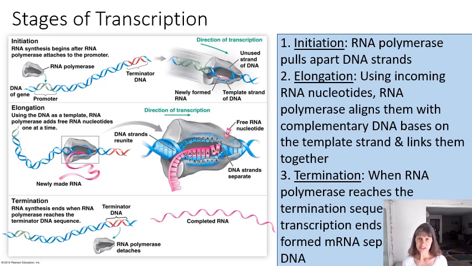The next stage of transcription includes elongation, where incoming nucleotides, RNA nucleotides, with the help of RNA polymerase will be aligned with the complementary DNA nitrogenous bases on the template strand, and the RNA polymerase will link those together.